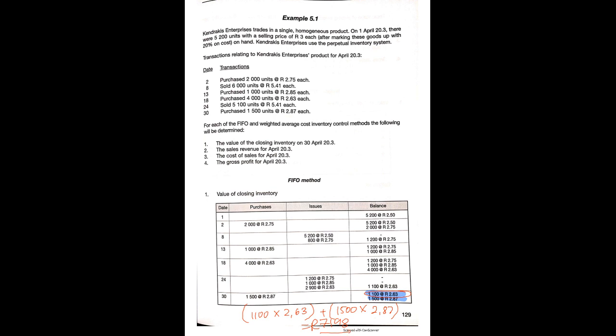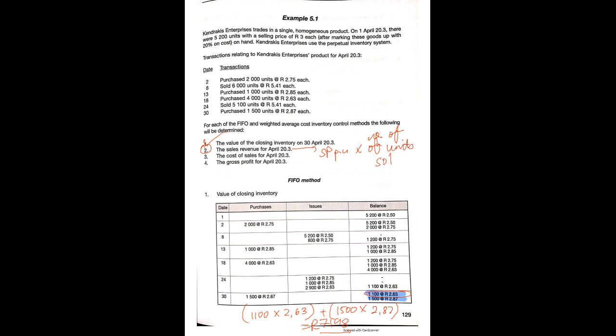That's question 1. Question 2 is to determine the sales revenue. So the sales revenue is calculated by taking the selling price per unit multiplied by the number of units sold.